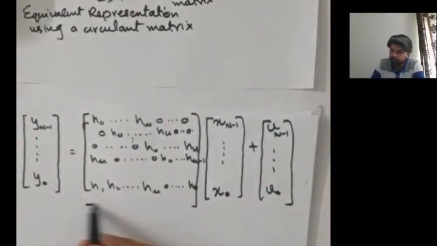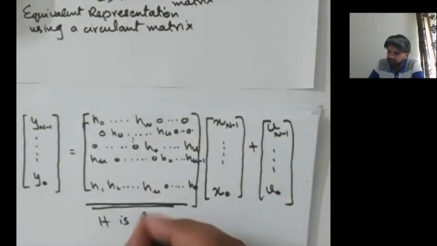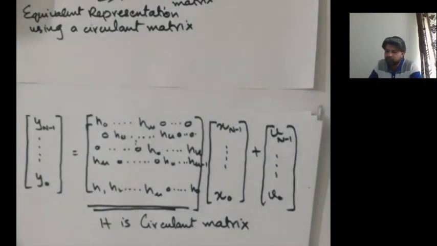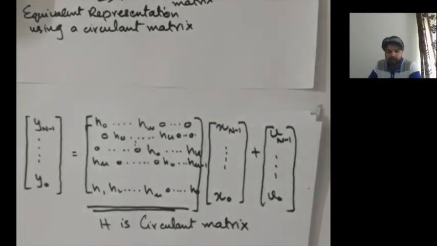Now this matrix H is a circulant matrix. And you can see why it is called a circulant matrix, because the rows of the circulant matrix are circularly shifted versions of the previous rows, and hence you get these circularly shifted versions all the way down. It is a square matrix, right?